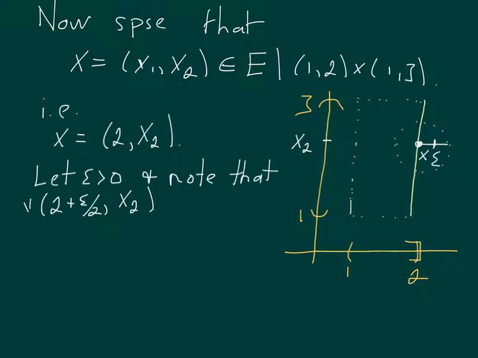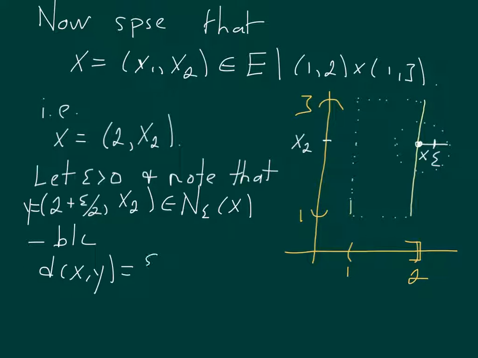Note that y equal to (2 plus epsilon over 2, x2) is in the epsilon neighborhood about x, because the distance between our x and y is equal to epsilon over 2. I'll let you check that, just using the formula for the Euclidean norm.